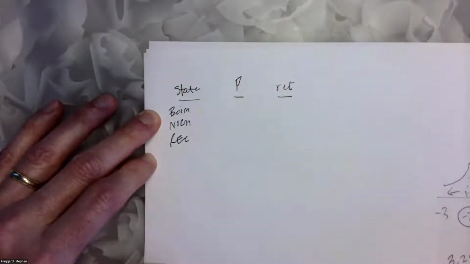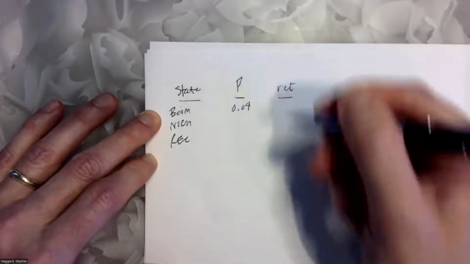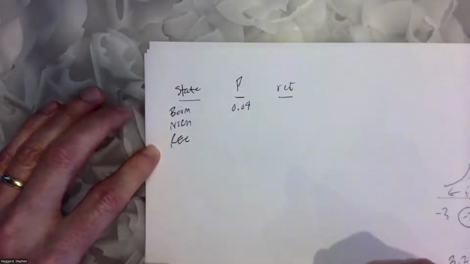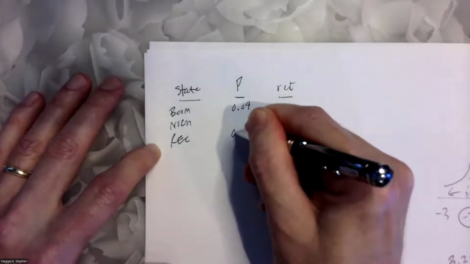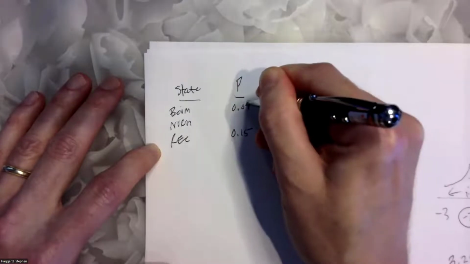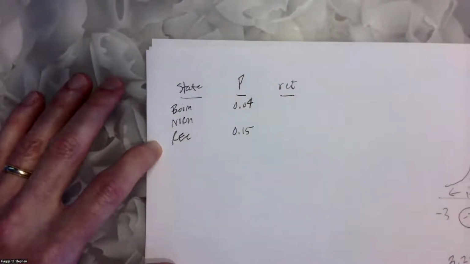The probability of a boom is 4%, 0.04. And they tell us that the probability of a recession is 15%, 0.15. They don't give us the probability of normal.